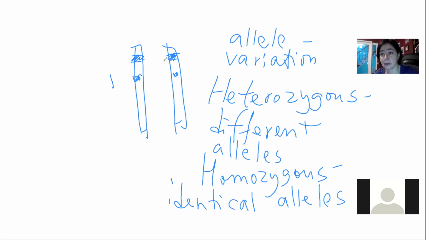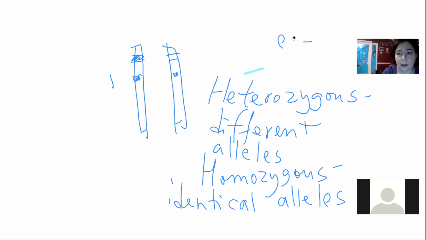Now, if you have variations, then you can see the interplay. If one is white and one is purple, but what you see is the color purple, there's another word for that. It's called phenotype. Phenotype is basically what you see.